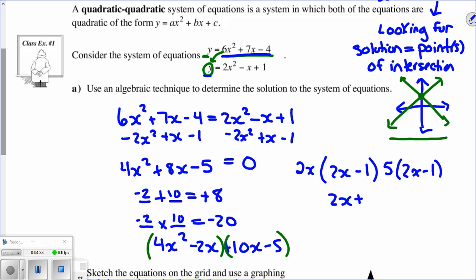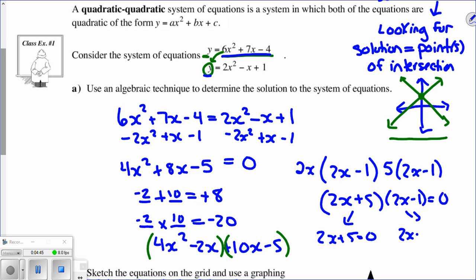So my factors are 2x plus 5 and 2x minus 1. Which means for my solutions, I take each factor and set it equal to 0. The first solution I'm getting is -5/2, and the second solution I'm getting is +1/2.